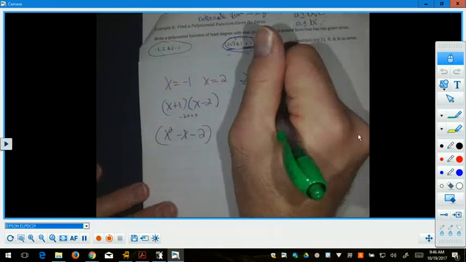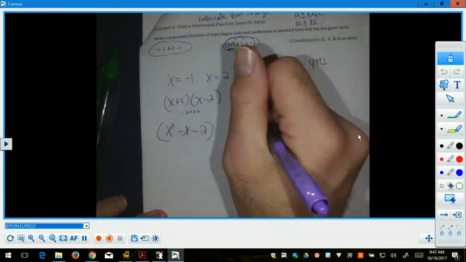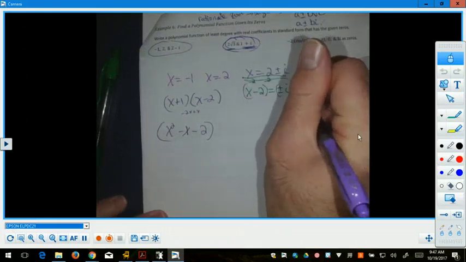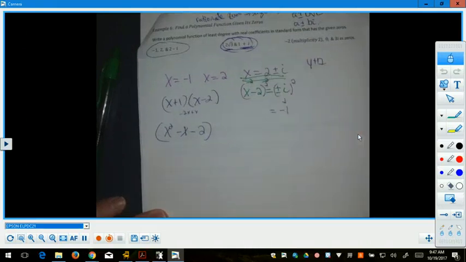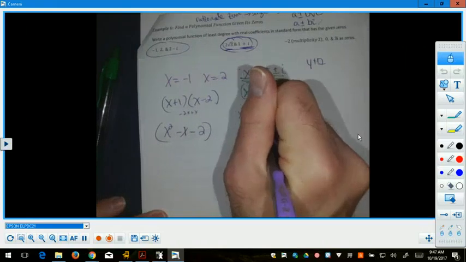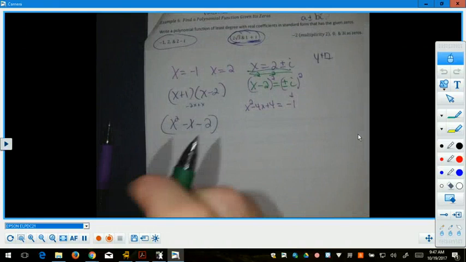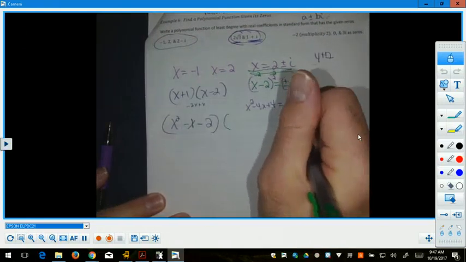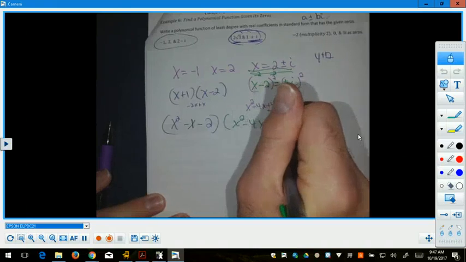I just took away the 2 from both sides. Now to get rid of the plus or minus, I'm going to square both sides. i squared is negative 1. x minus 2 squared is x squared minus 4x plus 4. So that becomes, when I add 1 to both sides, x squared minus 4x plus 5.